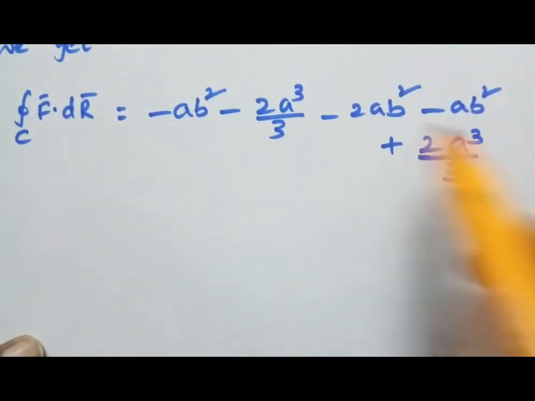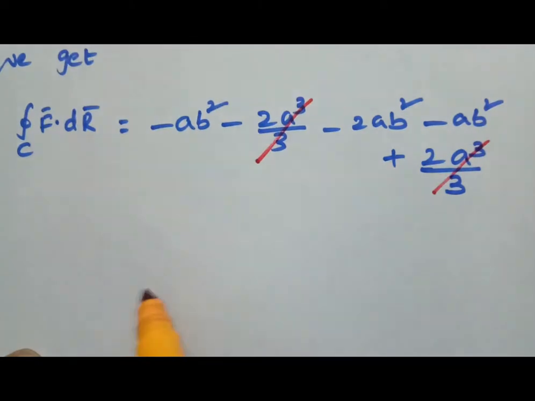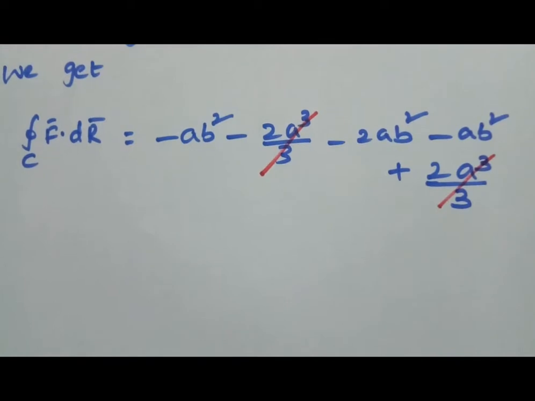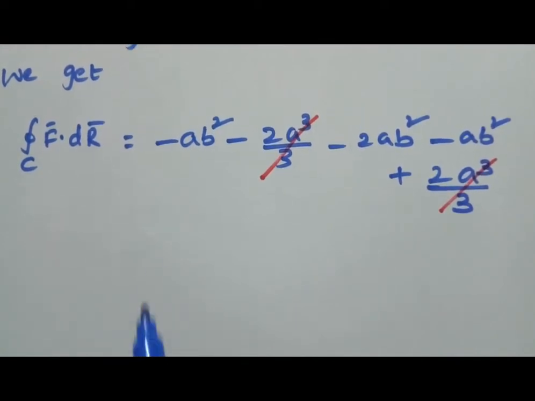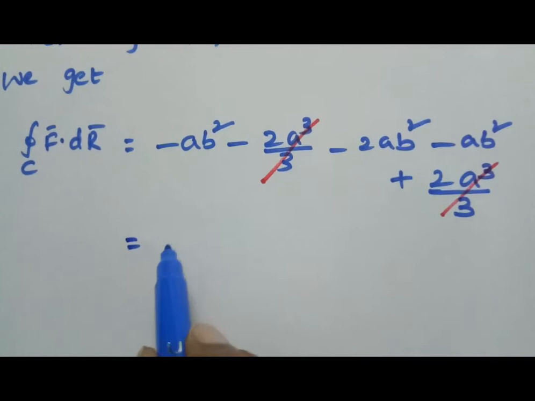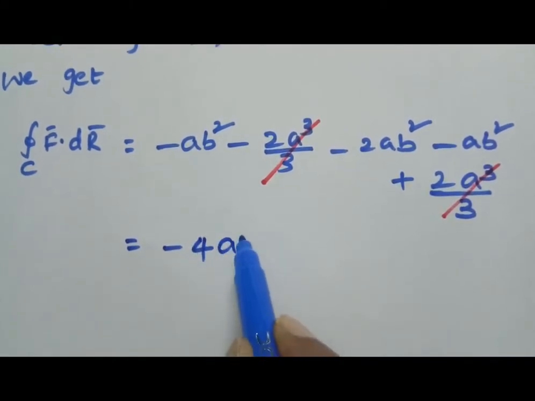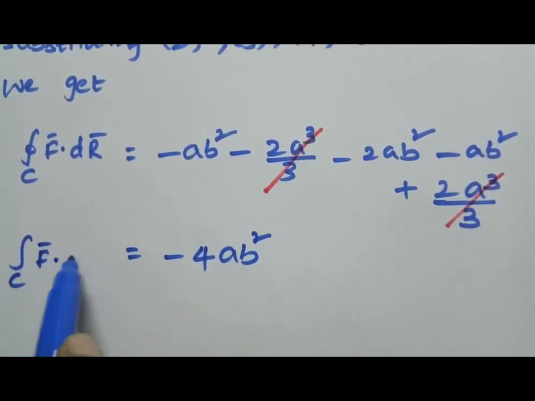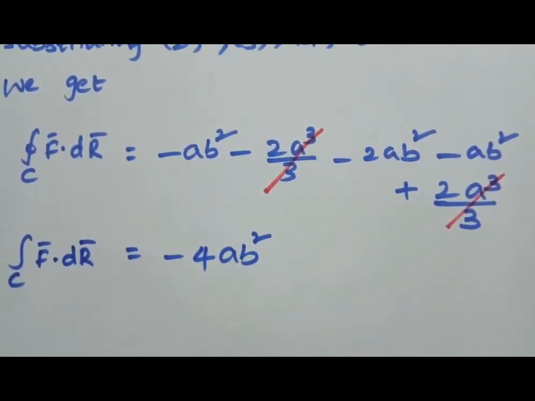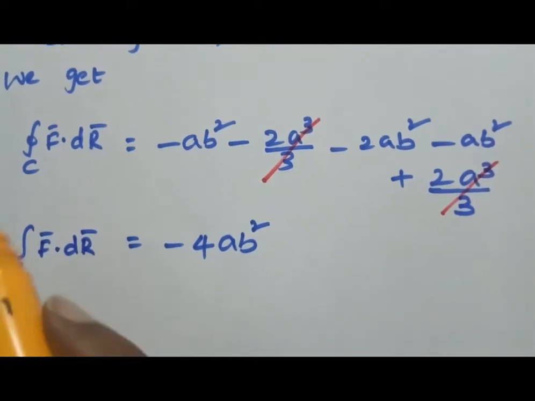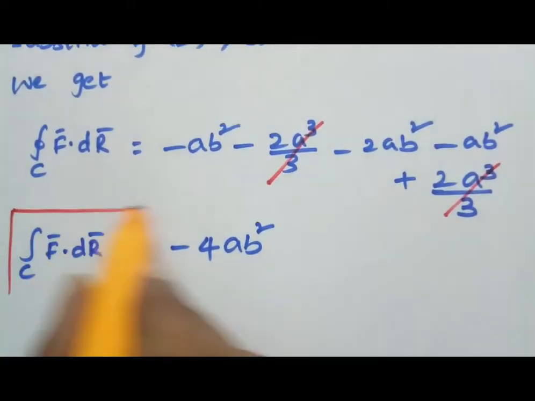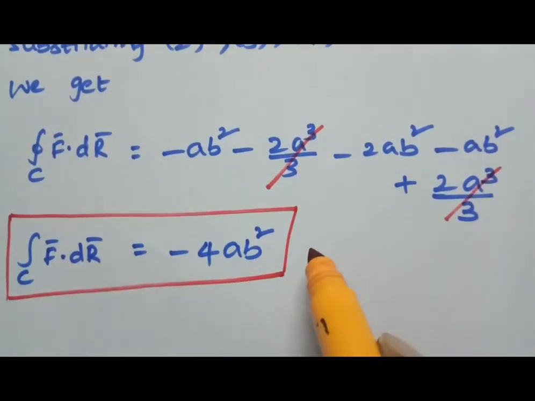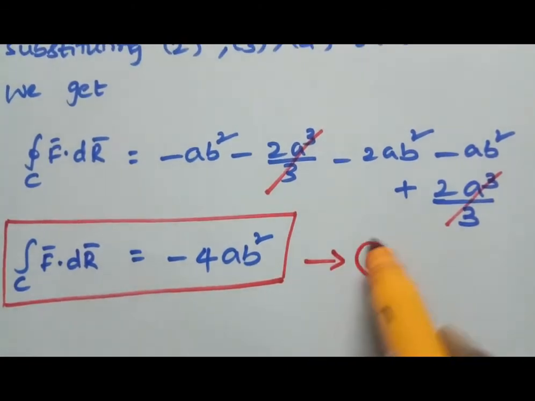Minus 2a cube by 3 plus 2a cube by 3, that is equal to minus ab square minus 2ab square minus ab square, that is equal to minus 4 times a into b square. This is integral over c of f bar dot dr bar. This is the value of line integration.